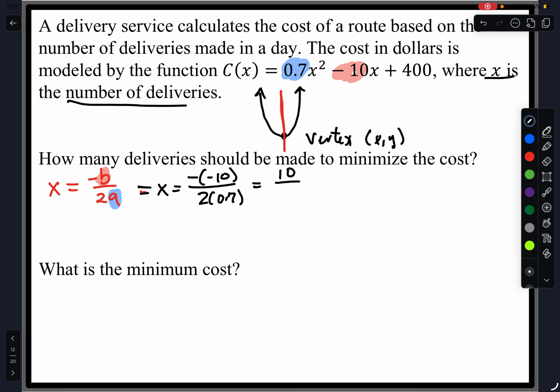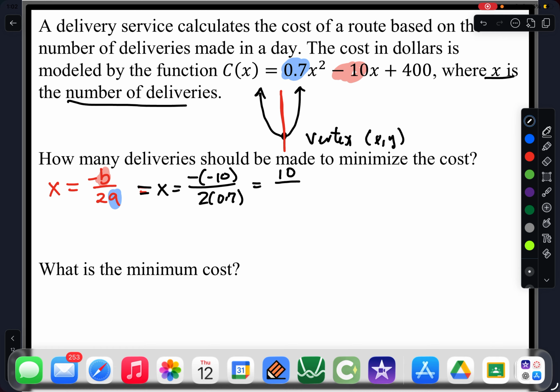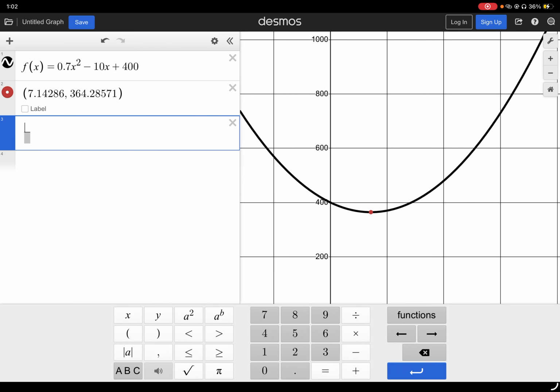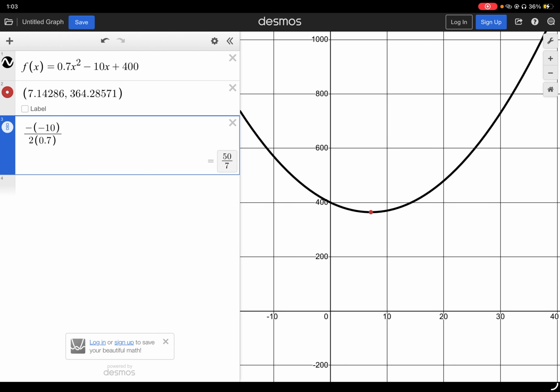Let me just plug it into decimals: negative 10 divided by 2 times 0.7. We get 50 over 7.